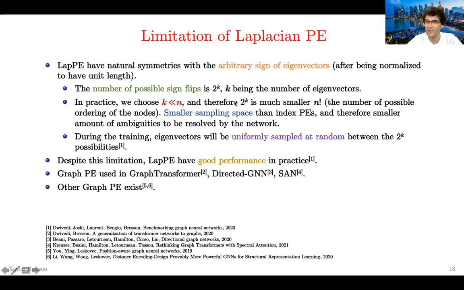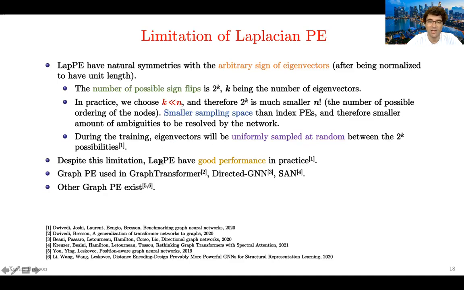So again, we don't have any choice in practice. What we do is that we uniformly sample at random the signs of the eigenvectors in such a way that the network will try to learn this invariance. Fortunately, we don't need too many eigenvectors, which is much smaller than the number of nodes. But still, this is a limitation.